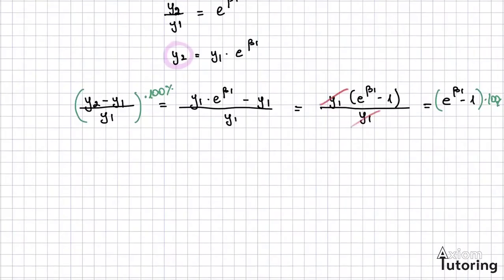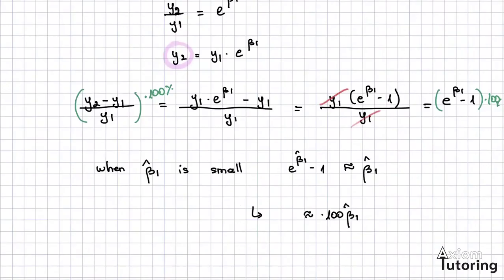Let's see the relation between the two. The idea is that when beta 1 hat is small, then e to the power beta 1 hat minus 1 is going to be approximately exactly beta 1. And that's why we do that approximation by saying, well, let's just multiply the beta 1 by 100.